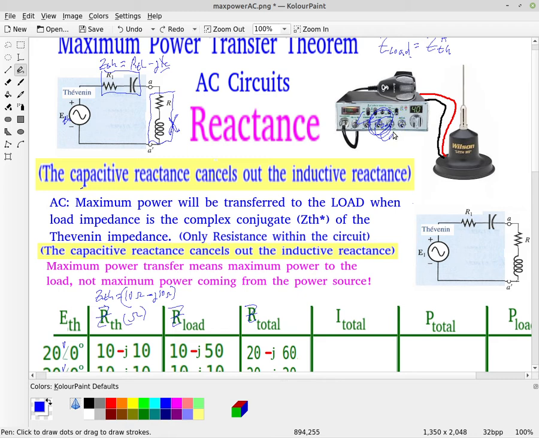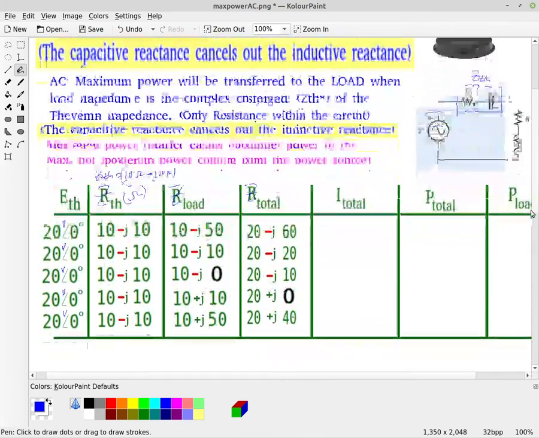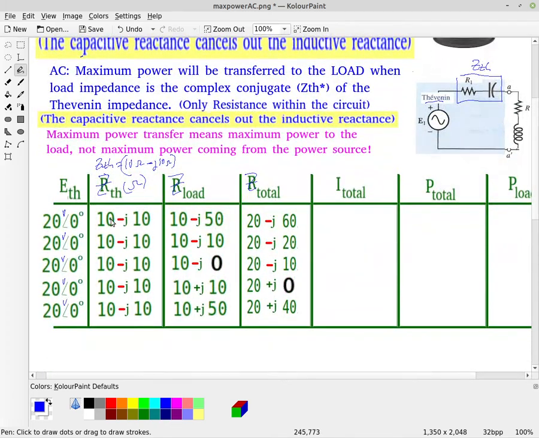What we're doing with Thevenin is simplifying this very complex system down to just a Thevenin voltage supply with a Thevenin impedance. In this example, I just picked some easy numbers: a Thevenin impedance of 10 ohms resistance minus j10 ohms capacitive reactance.